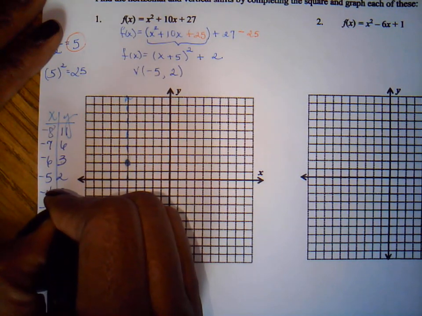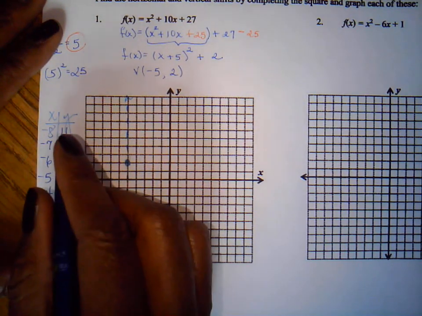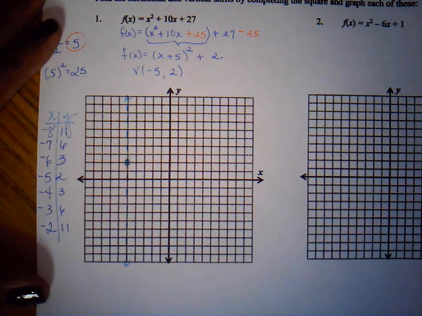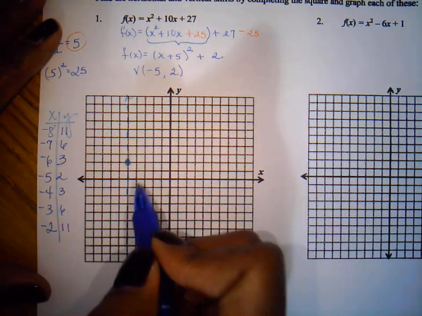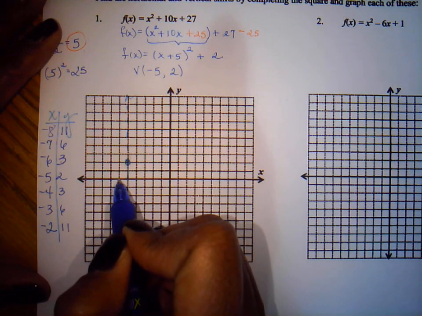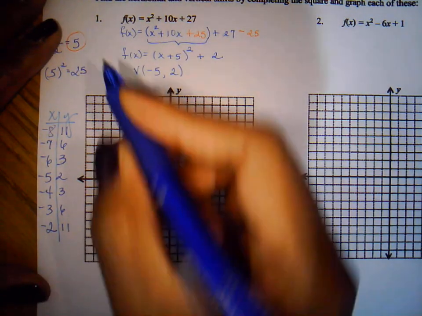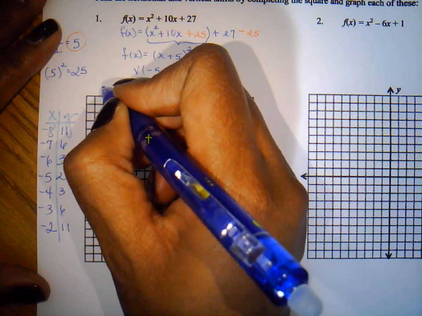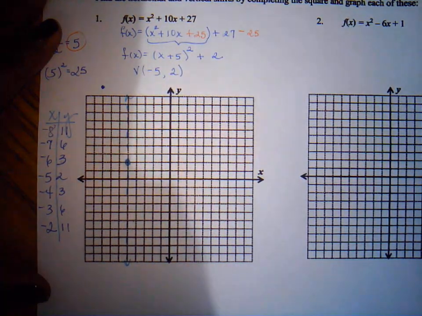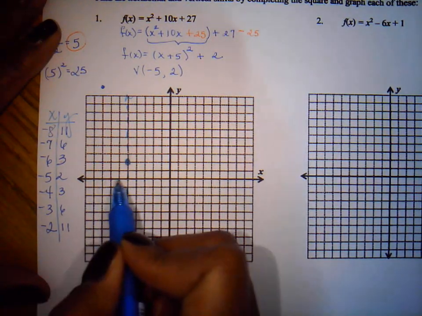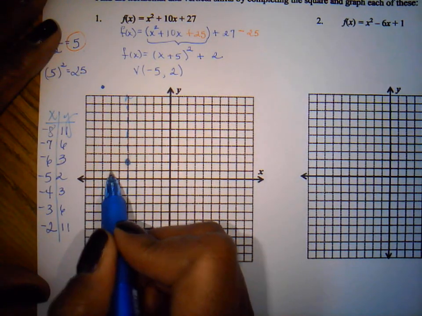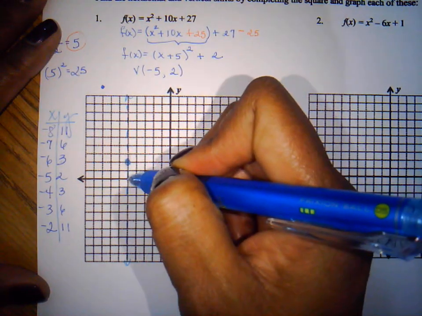All right, so this is going to be 3, this is going to be 6, and this is going to be 11, right? Now I can plot my points. -8, 11, which will technically be, let's see, right here. -7, 6.